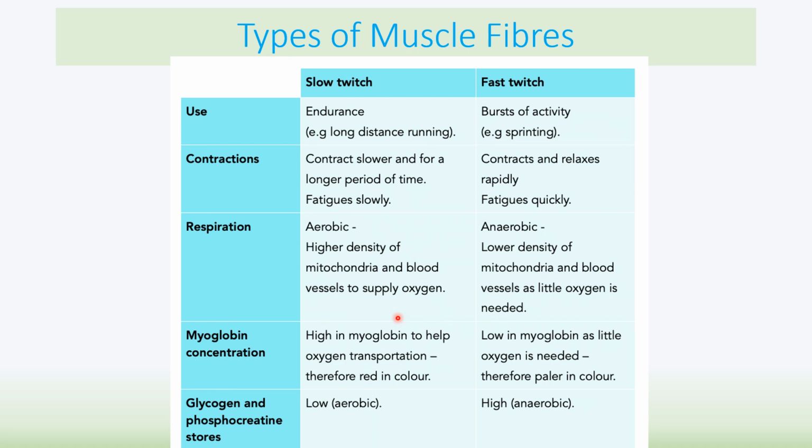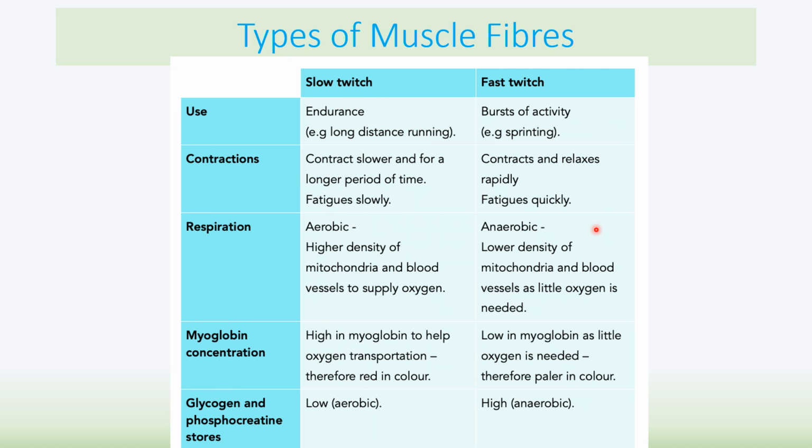Whereas a fast twitch fiber contracts rapidly and relaxes rapidly, but it fatigues quickly, so you can only use them for short amounts of time. They'll often respire anaerobically and therefore don't need the mitochondria, because remember, glycolysis, the only stage in anaerobic respiration, happens in the cytoplasm of the cell.